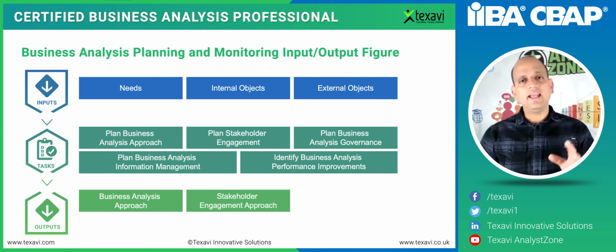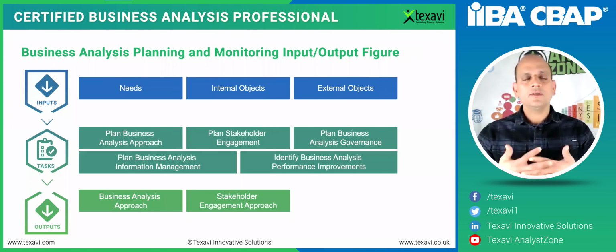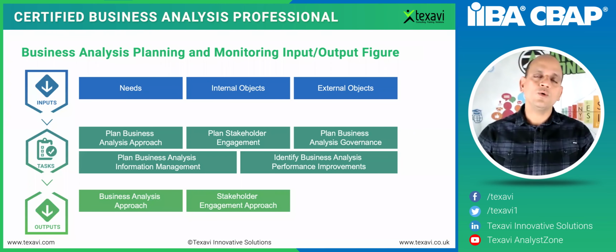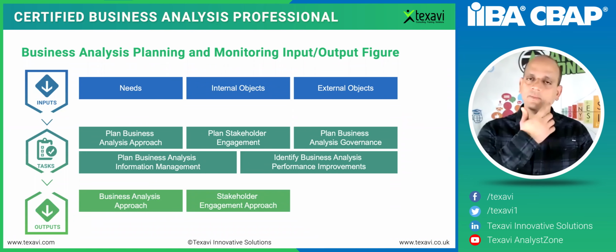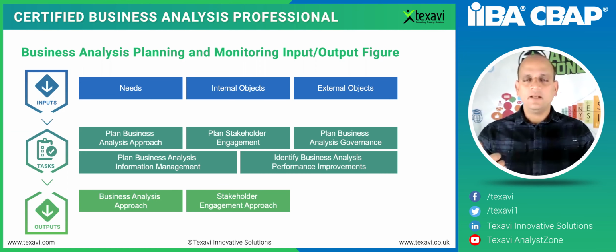And then a stakeholder engagement approach. How are you going to engage the stakeholders? What are the ways that you would need to identify who the people are? That's where the concept of the RASCI matrix comes in: the responsible, accountable, and all those kinds of things, the people to be informed. All of that you would need to mention specifically in the stakeholder engagement plan.